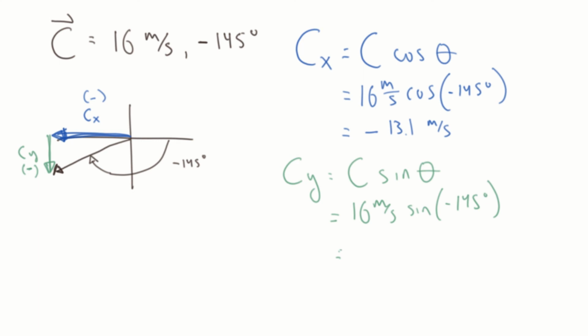Again, my physics instincts are telling me that this is going to be a negative value as well based on our drawing. Let's take a look to see if that is true. 16 times the sine of negative 145, and it does end up being negative. So we've got a value of negative 9.2 meters per second.